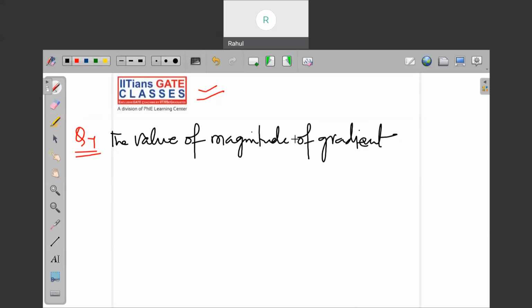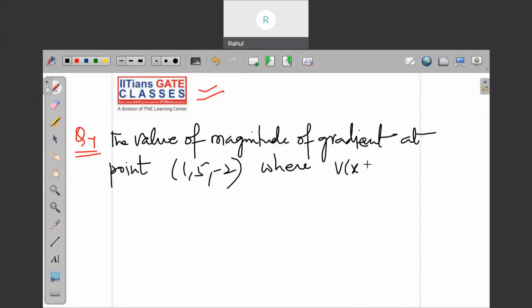What we have to find is the value of the magnitude of the gradient at the point (1, 5, -2), where they have given the scalar function V(x, y, z) equal to x squared y plus e to the power z. So you have got a scalar function and you have to find the magnitude of its gradient. What you can do here is find del V.